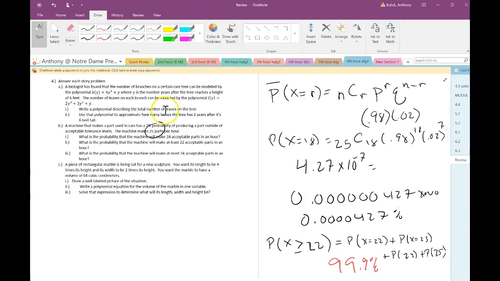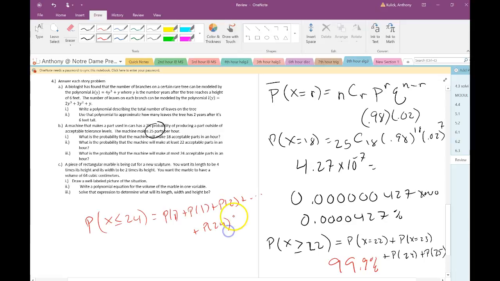The last question says that we'll make at most 24 acceptable parts. So at most is x is less than or equal to 24. So to do that, we would have to do P of 0 plus P of 1 plus P of 2 plus all the way up to 24. That looks exhausting. Alternatively, that's the same thing as 1 minus the probability that x is greater than 24.